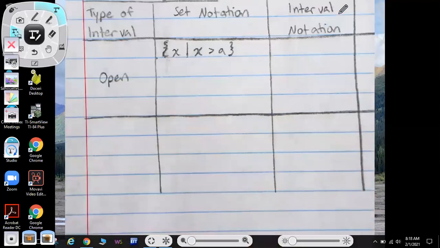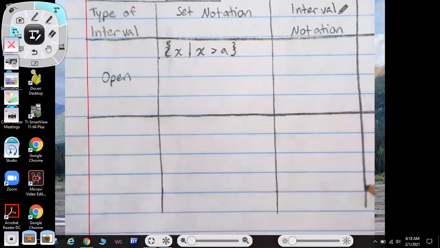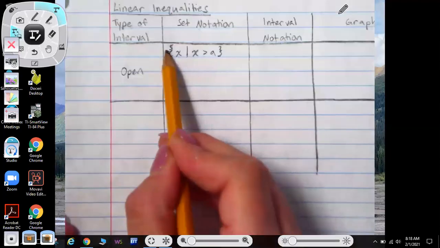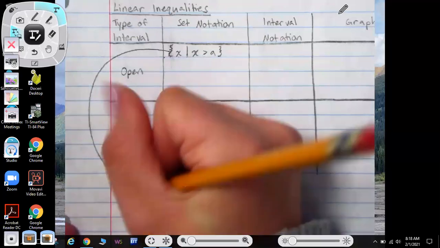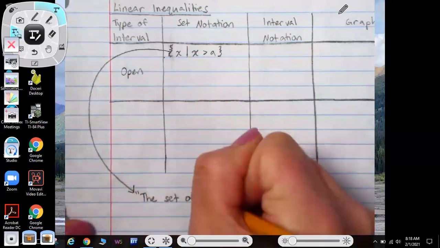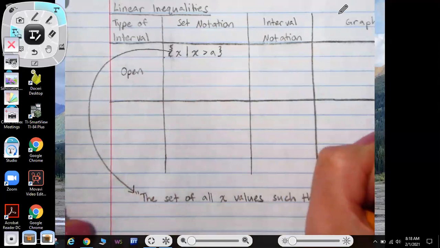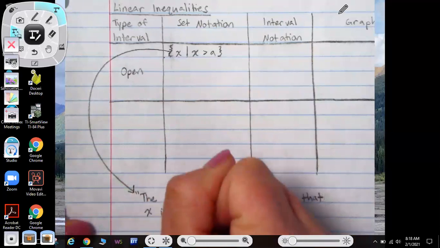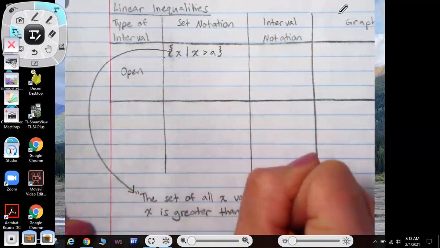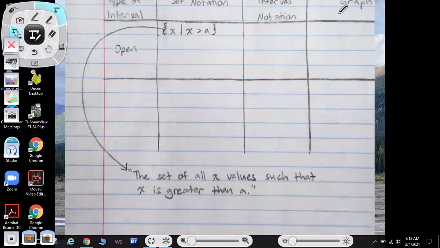We're going to do 5 more intervals after the 4 open ones, so make sure you have enough space for that. Set of all x values such that x is greater than a.